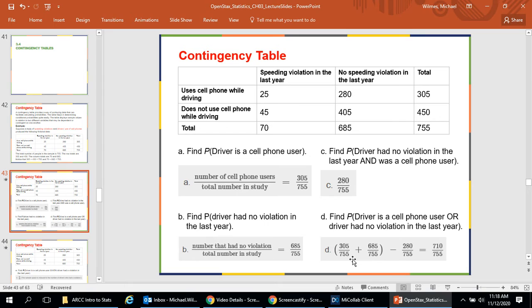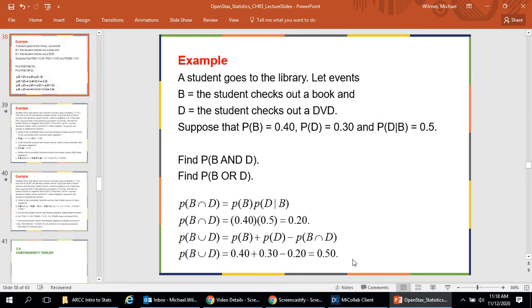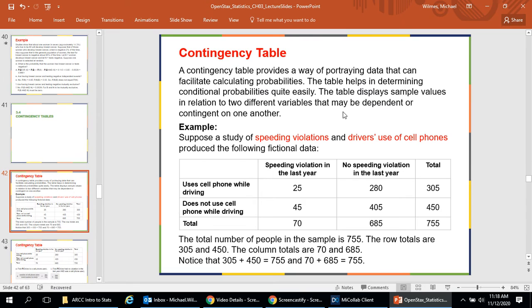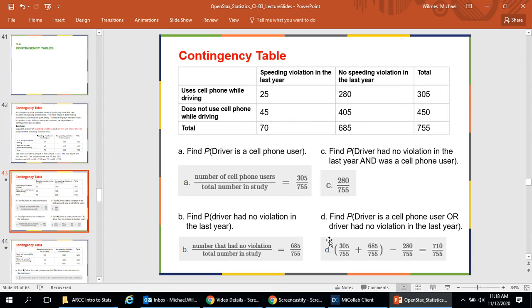Or you can think about it using our formulas. Let me scroll back to our probability formulas, the addition rule. Remember, to find the probability of A or B, we take the probability of A plus the probability of B, and then we subtract where they overlap. So that's exactly what we're going to be doing right here. Take the probability of A, the driver is a cell phone user, 305 out of the total, 755.